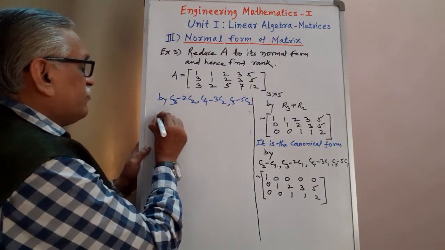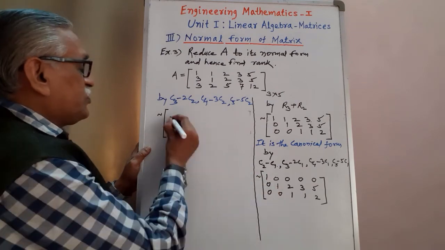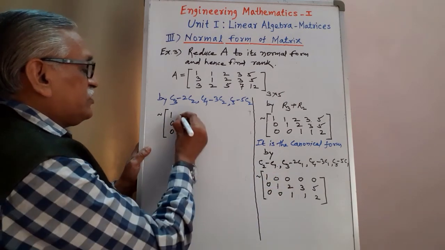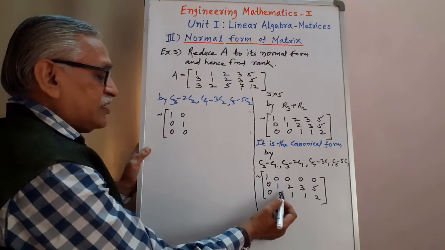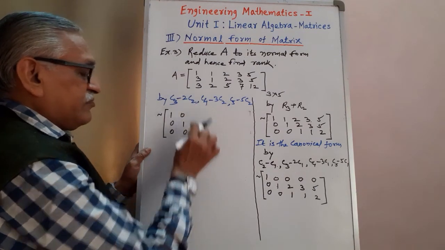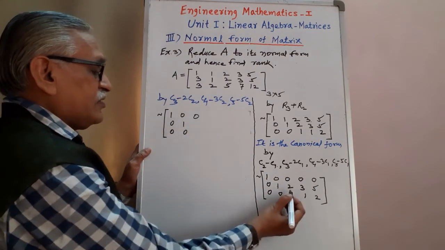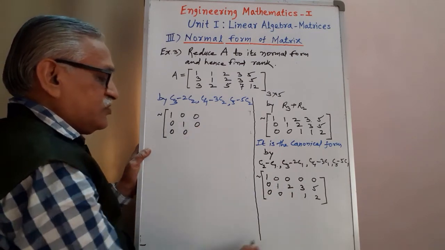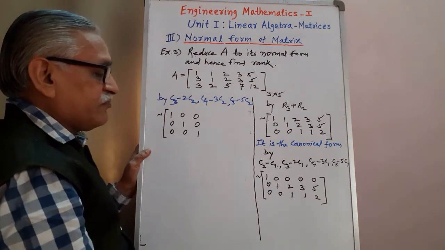And therefore, again writing column wise, first column no change, 1 0 0. Second also no change, 0 1 0. Changes in third: 0 minus 2 times 0, 2 minus 2 times 1, 2 minus 2 we get 0, 1 minus 2 times 0 we get 1.